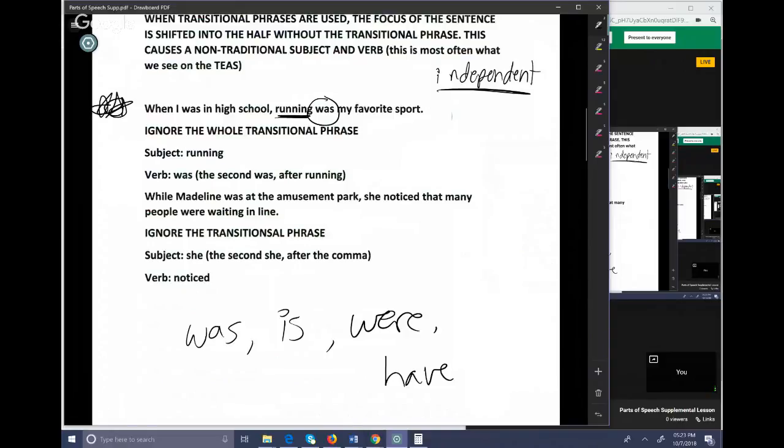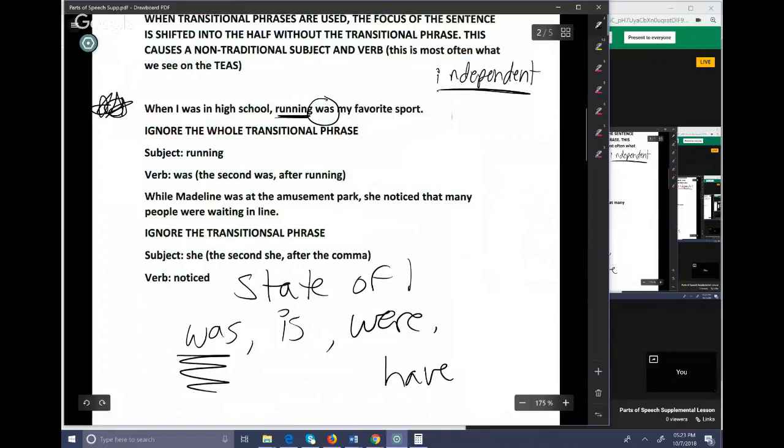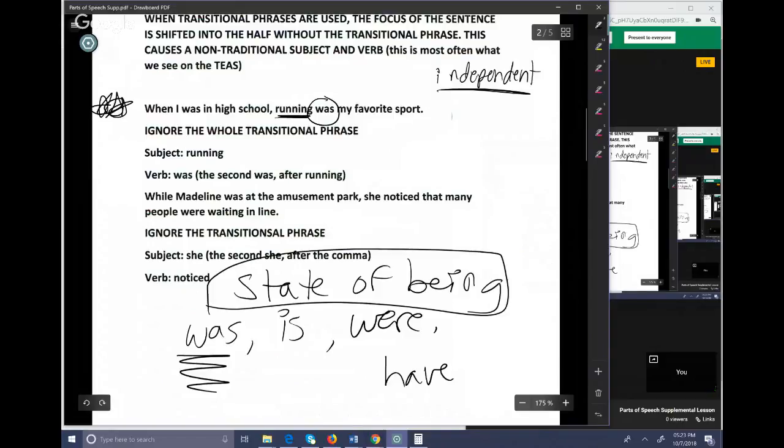More often than not, though, the verb in a sentence is what we would refer to as a state of being word, like was, is, have. So more often than not, your verb is going to kind of hide because it's going to be a state of being.